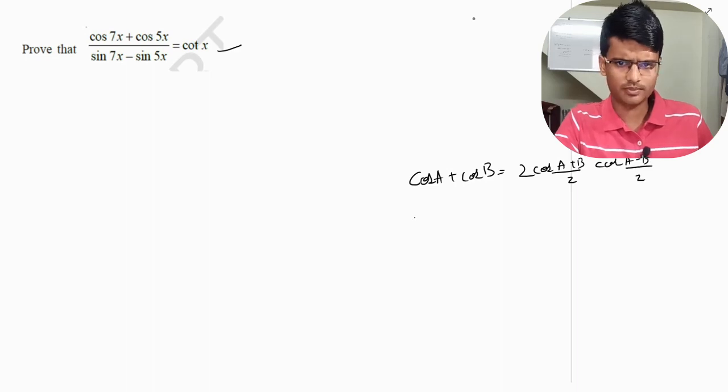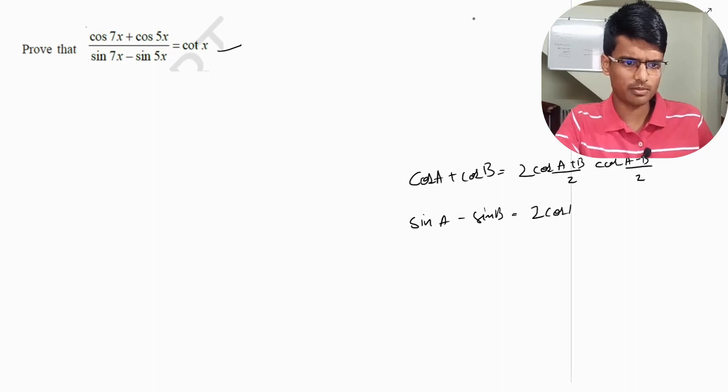And similarly, sin a minus sin b is nothing but 2 cos (a plus b)/2 sin (a minus b)/2. I'll be applying the first in the numerator, and this one in the denominator.